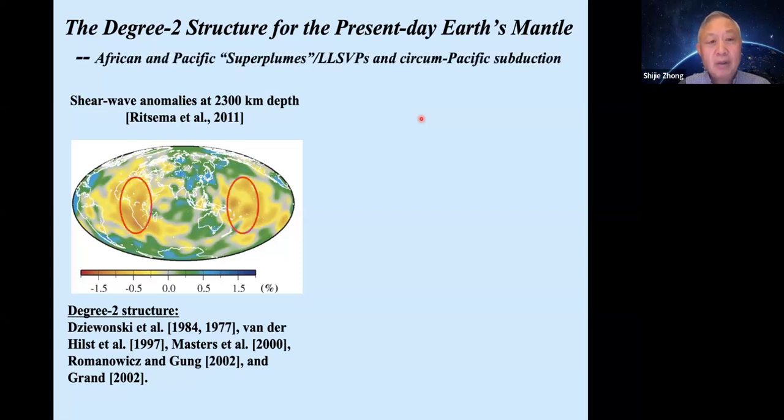That is, you have two so-called superplumes: one is the African superplume, and the other is the Pacific superplume. The yellow or red regions are seismically slow anomalies, and often they represent relatively hot, warm structures. In between is what we call the circum-Pacific subduction, shown here in a bluish-green color, which often represents relatively cold anomalies.